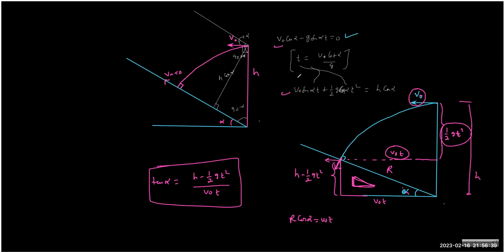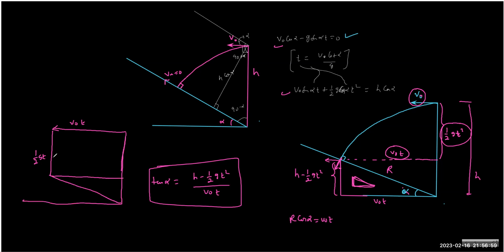Okay, clear. And if you just use the simple vector, this is V naught t vector in displacement, and this is half g t square, and now it is hitting the plane. So it's the same thing. If you do it like this, you get the same answer.